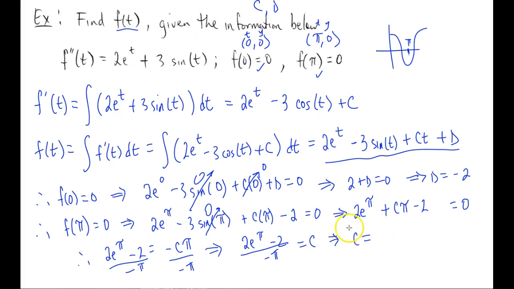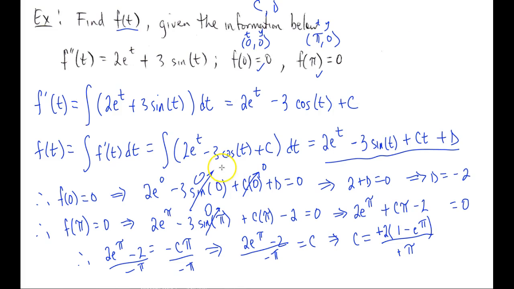So from that point, you could leave it like that, or you can factor out the negative 2. And if you did that, you would just have 1 minus e raised to the pi over negative pi. And of course, a negative divided by a negative is a positive. So that would be your constant there.